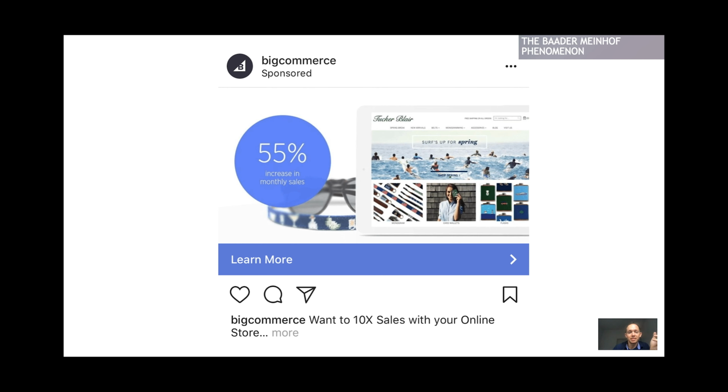There are a few stats out there that say it does help a lot and it increases sales, and they also try to use this. Here, BigCommerce, for example, tries to grab your attention with those "55% increase in monthly sales." And once you've seen it, you keep seeing that.